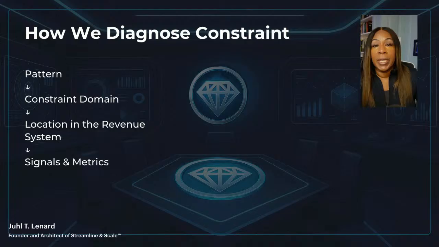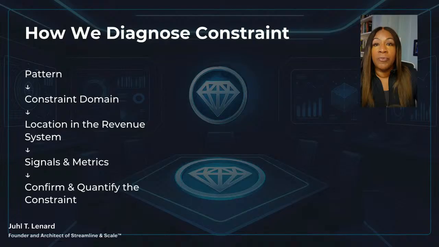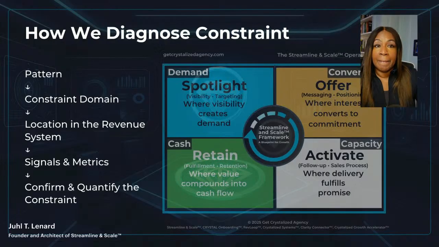We look in the revenue system for the signals and metrics that affect that particular area, and then we confirm and quantify the constraint. This process allows us to utilize the quadrant to locate the problem we need to fix.